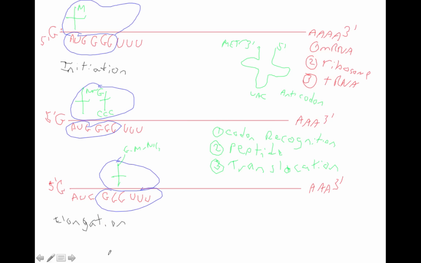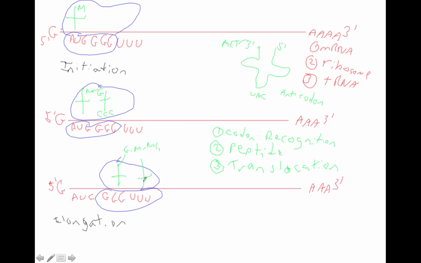And now the next round of elongation will occur, where the next tRNA will come along and recognize the UUU codon. Okay, so here comes this tRNA. It looks very similar to the previous ones, except it has the anticodon of AAA on it. I didn't really leave any room to write it here, but the anticodon will be AAA.